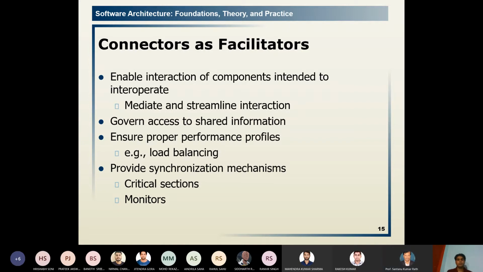Load balancing means, can anyone tell me about load balancing? Students? The way to balance the load on the server. How? It provides access control.